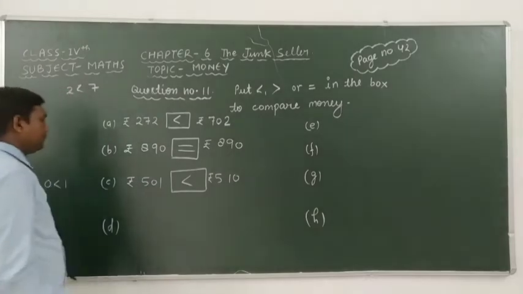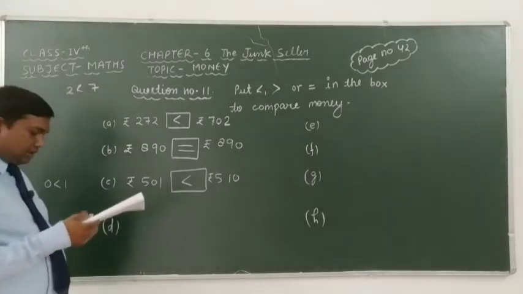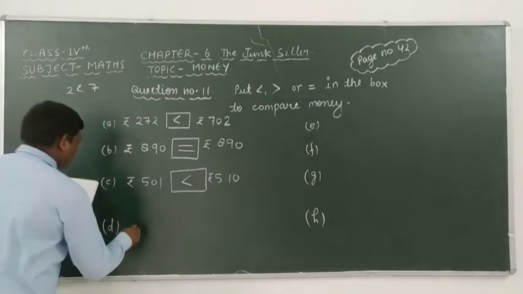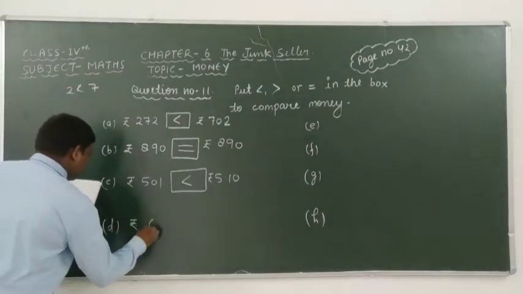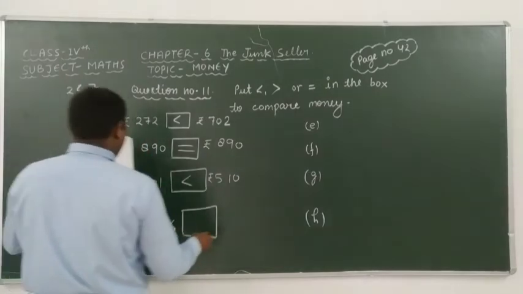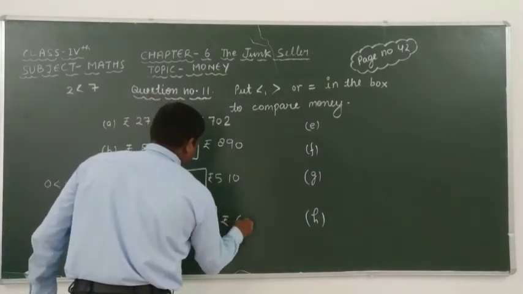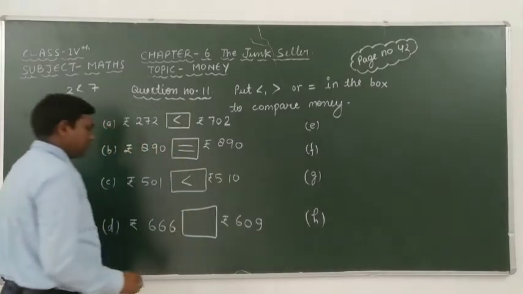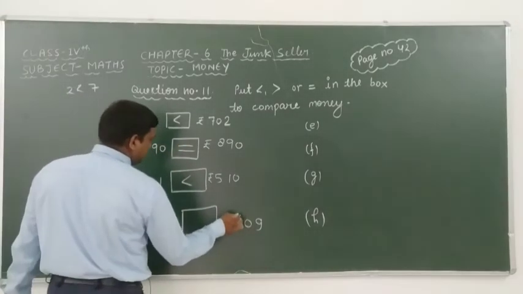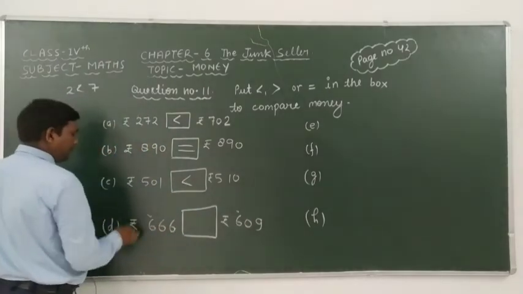Okay students, similarly we can solve all given questions. Look at here carefully. In this question number D, here given that 666 box rupees 609. Students, look, here given that 6 and here also given that 6 are same.